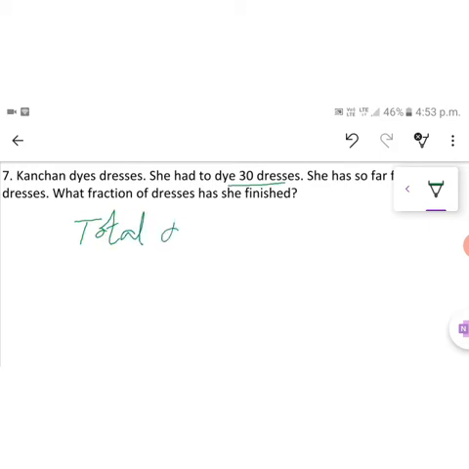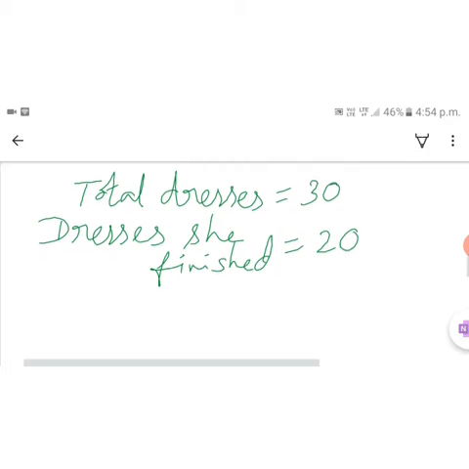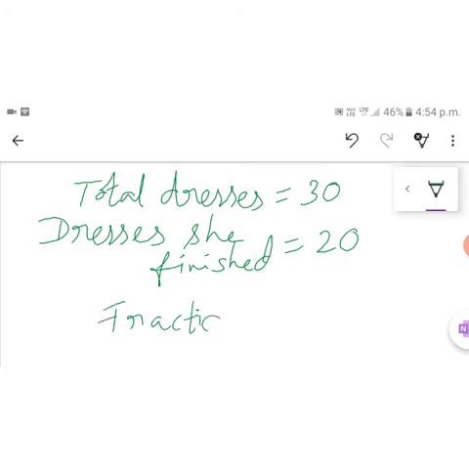Dresses she finished equal to 20. Therefore, fraction equal to 20 by 30.